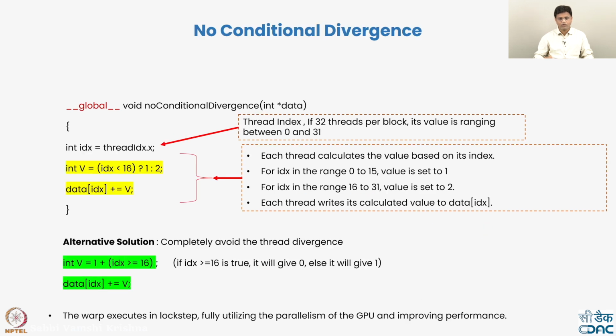Now, how can we solve that? If you go to various websites and try to find solutions for that, some solutions suggest that you can use a ternary operator to avoid the divergence, but actually the ternary operator is not a perfect solution here, because this is also evaluating the condition.